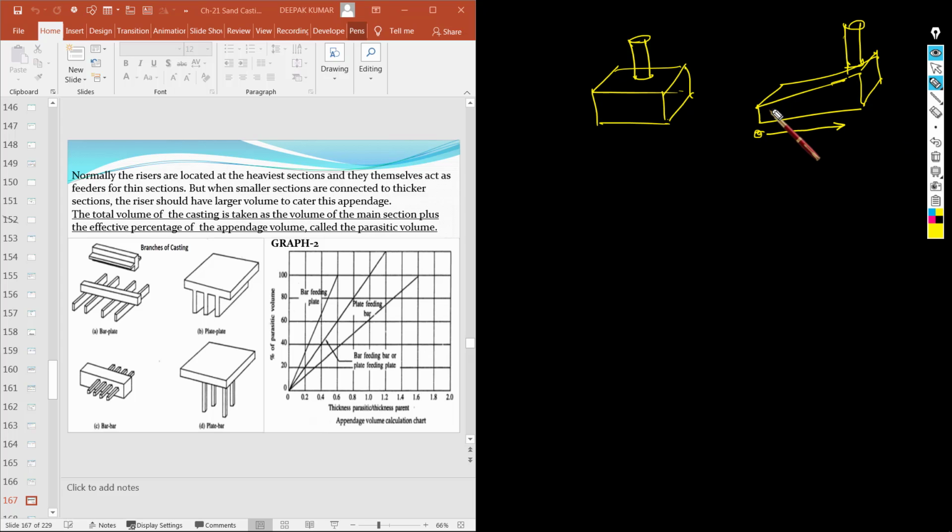If this is solidified first, the molten metal will provide any metal which is required. But if shrinkage happens, which will happen at the end because this portion will solidify last, this riser will provide the metal required.